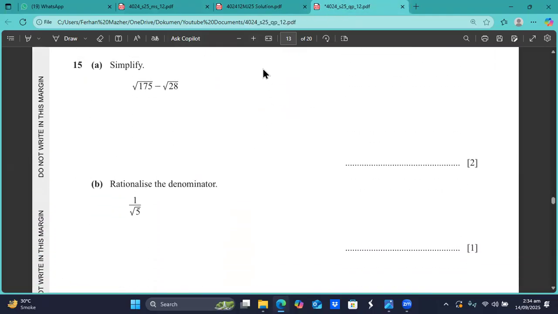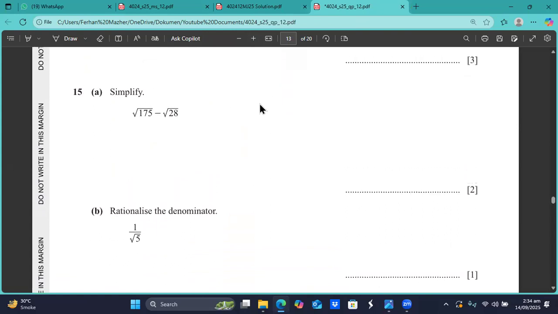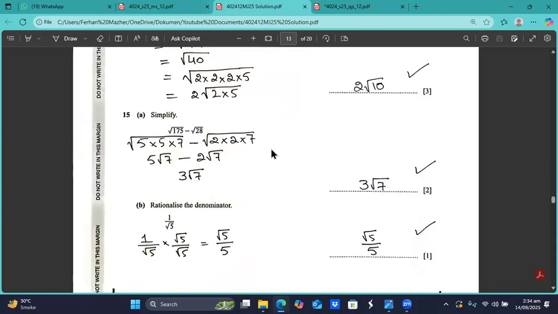Okay, so here we have question number 15 on your screen. It's A part, under root 175 minus under root 28. So I will prime factorize 175. That is 5 into 5 into 7. And the prime factorization of 28 is 2 into 2 into 7. So this is a pair, so it comes out of the radical. This 7 does not have a pair, so it remains under the radical. Minus, this is a pair, so it comes out of the radical.